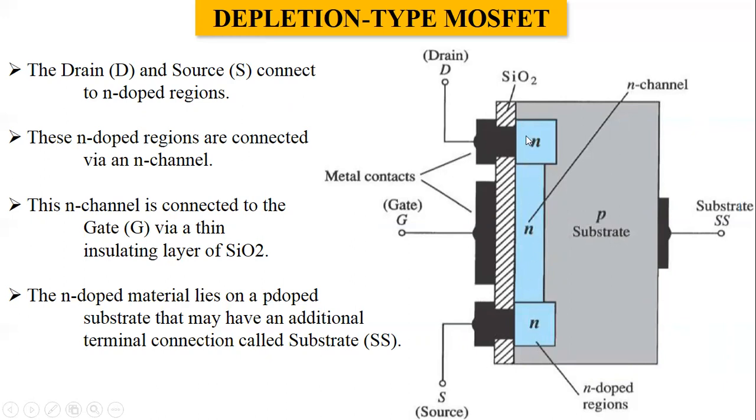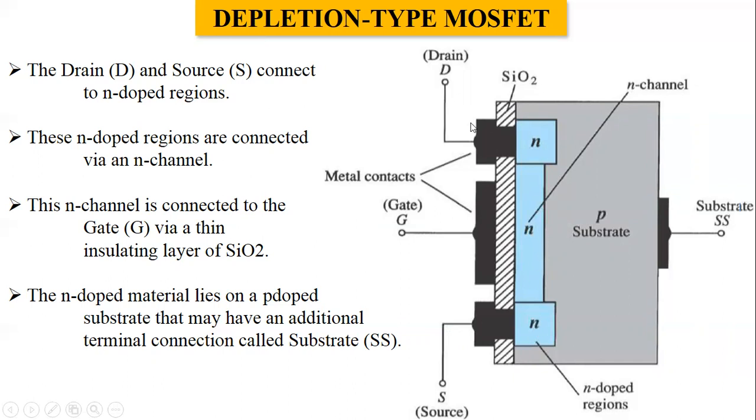Here is a source, here is a drain, and they are connected with this black-colored metal. Black represents metal, and this metal is connected with the N-type drain, and this other black metal, named source, is connected to the N-type source.